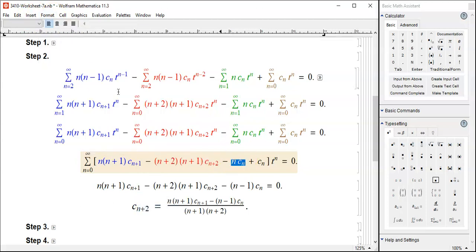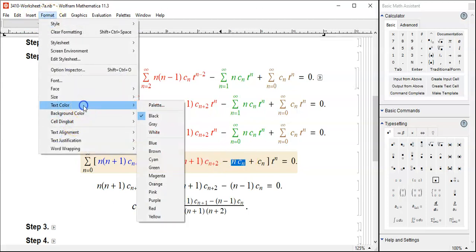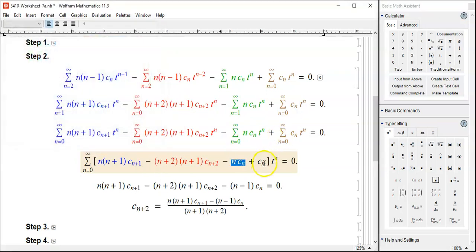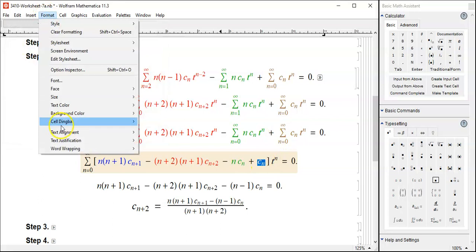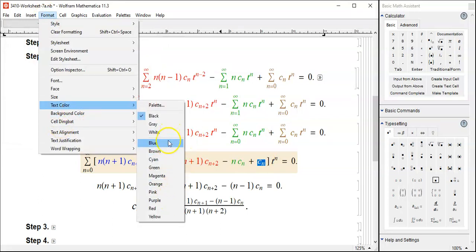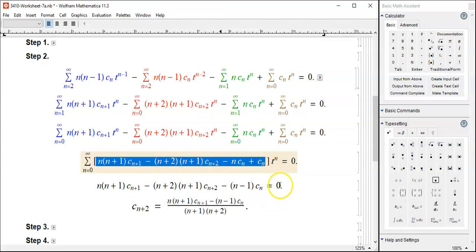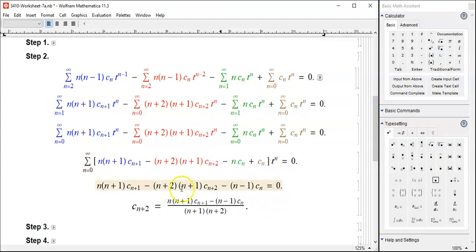This came from green, and finally this came from the brown series. We have to have 0 for arbitrary t value, always 0, which means this coefficient has to be 0, and that gave us this recursive equation.